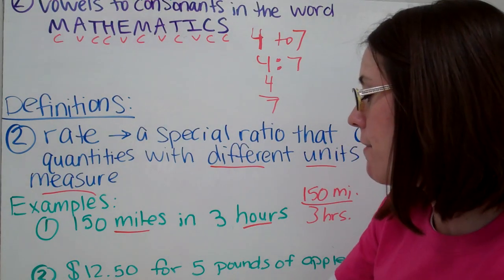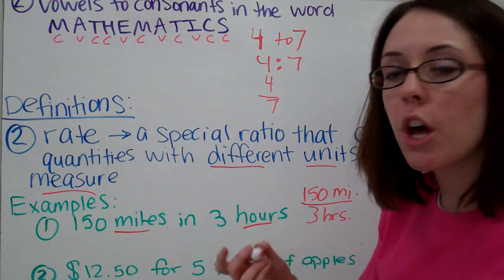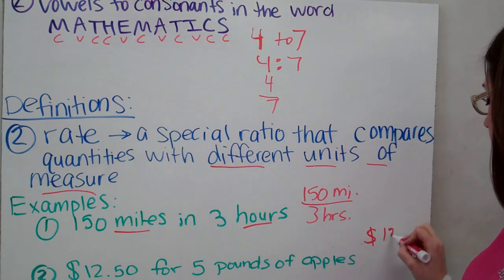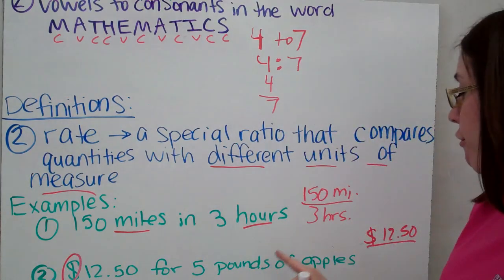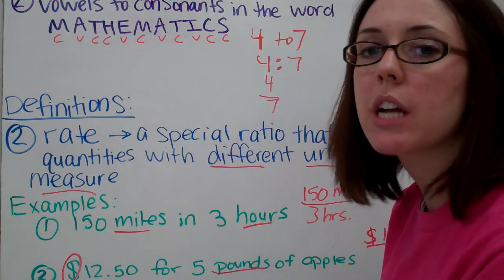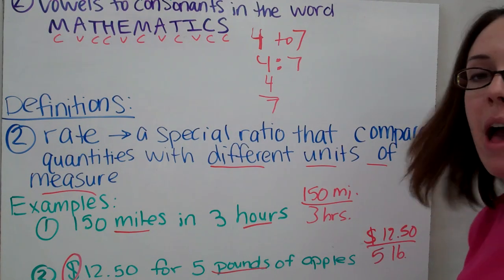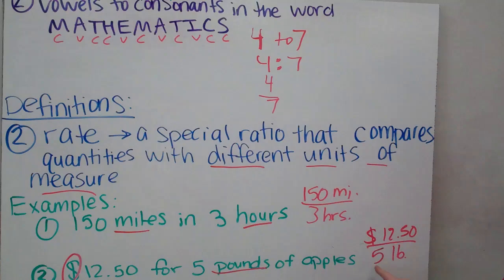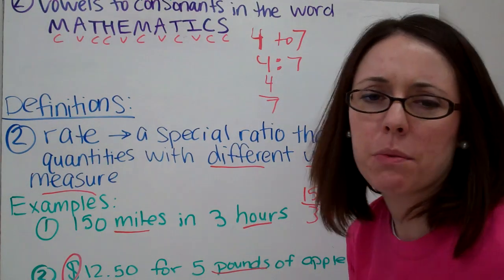Number 2, $12.50 for 5 pounds of apples. So it costs $12.50. One unit of measure is money, for 5 pounds. Pounds are the other unit of measure, for 5 pounds of apples. So $12.50 for 5 pounds. That is a rate. Number 3. I know this is a random example.